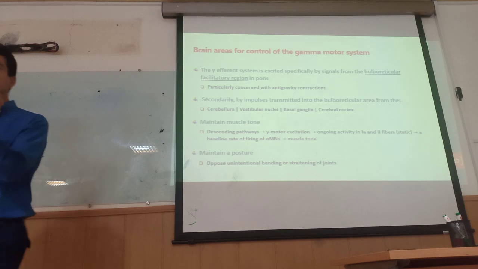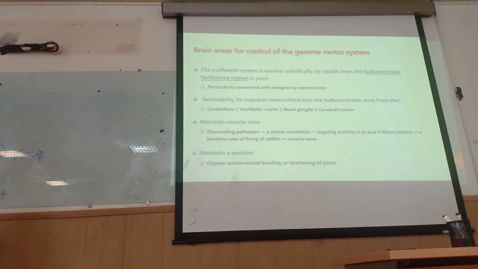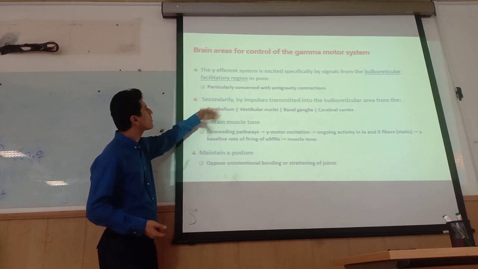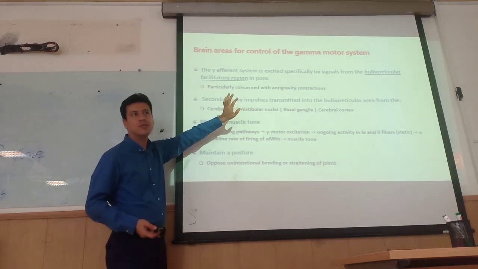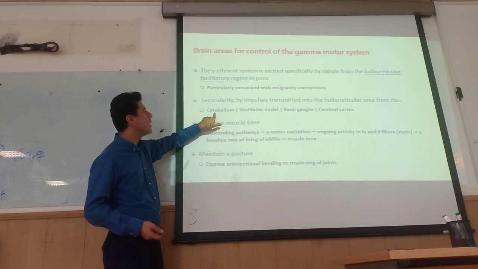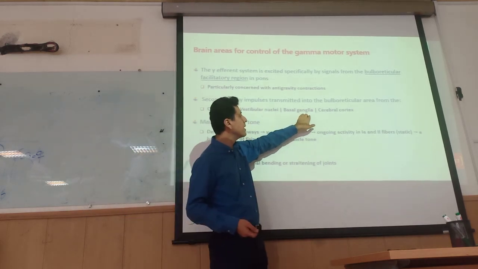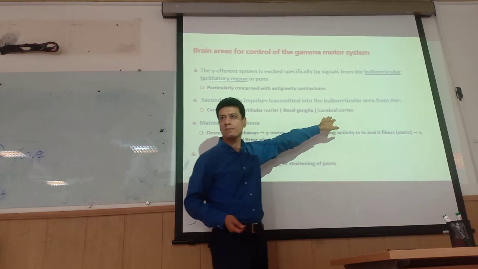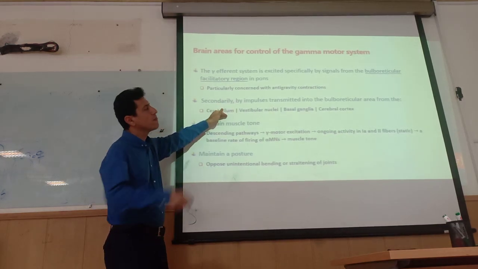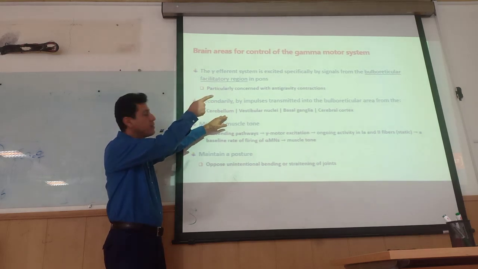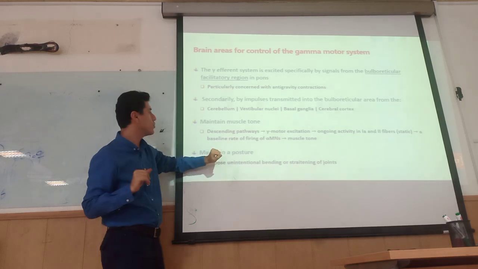When gamma neurons are activated, muscle spindles become more sensitive. So gamma neurons regulate the sensitivity of the muscle spindle, right? So, the same area, bulboreticular, is controlled by the cerebellum, vestibular nuclei, basal ganglia, and cortex. So these areas control the bulboreticular facilitator region, and this area controls gamma motor neurons.